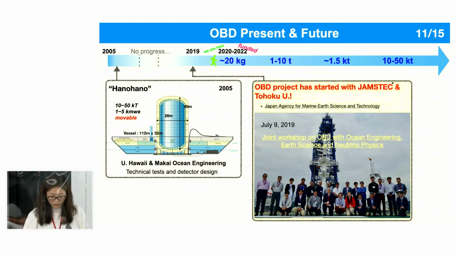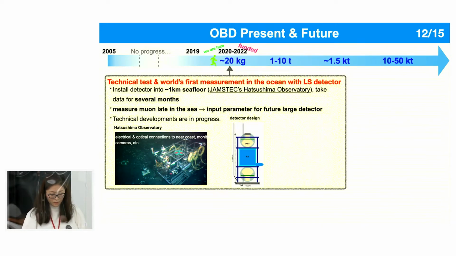So in Japan here, we have a working group, the ocean bottom detector project, together with JAMSTEC and Tohoku University. We are working on technological development, and also the world's first measurement in the ocean with a small detector.